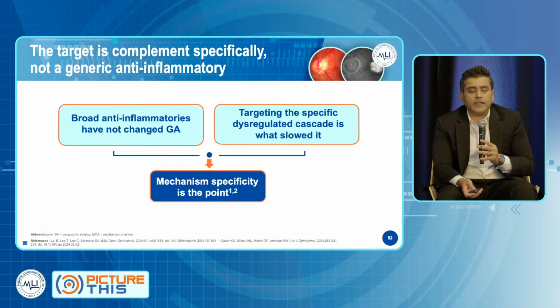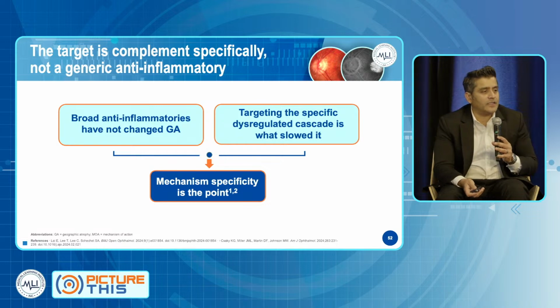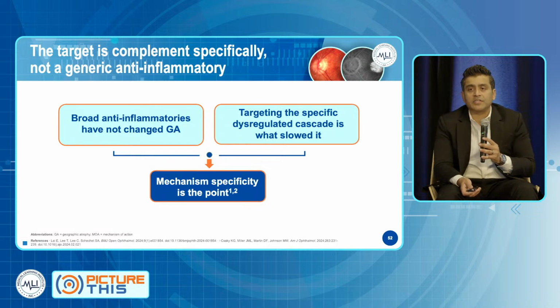And the target has to be very specific. What we have learned from doing trials, Glenn and I have been doing a lot of trials over the last 2 decades, and almost all failed except for pegcetacoplan and avacincaptad pegol. And the reason for that is that we need to be specifically targeting the complement system, and we need to target aggressively in the sense that we have to shut it down.